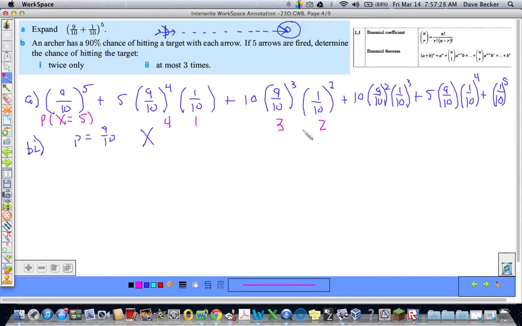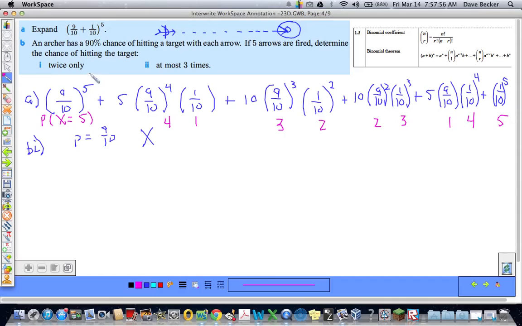If there's 3 hits out of 5 arrows, it's going to be 9/10 times 9/10 times 9/10 times 1/10 times 1/10. That's a probability times this 10. And that's what we saw on the previous slide. So this would be 2 hits, 3 misses, 1 hit, 4 misses, 0 hits, 5 misses.